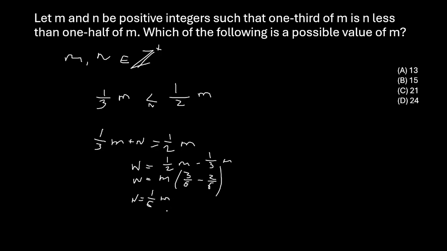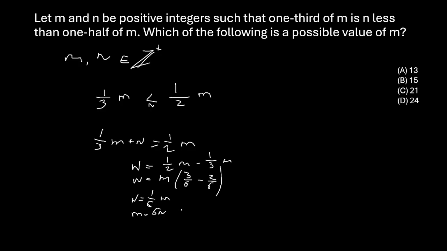Okay, now m and n are positive integers. We can simply write it as m is equal to 6n.